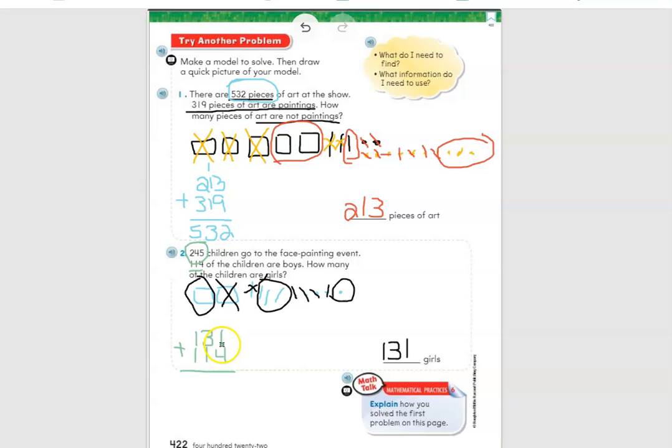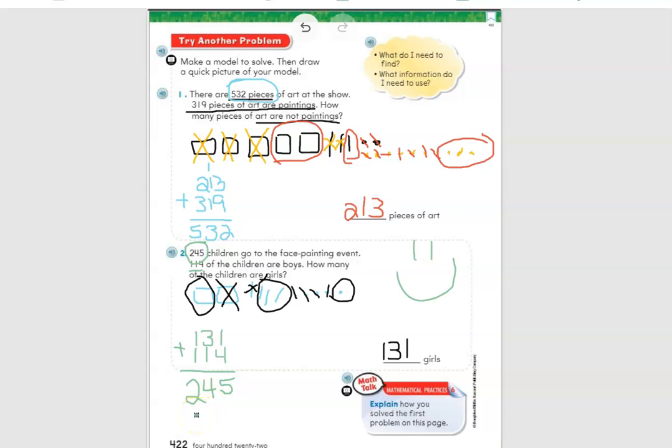Let's see. 4 plus 1 is 5. 3 tens plus 1 ten is 4 tens. And 2 hundreds. All right, that's another super check. We did great work. We did super great work.